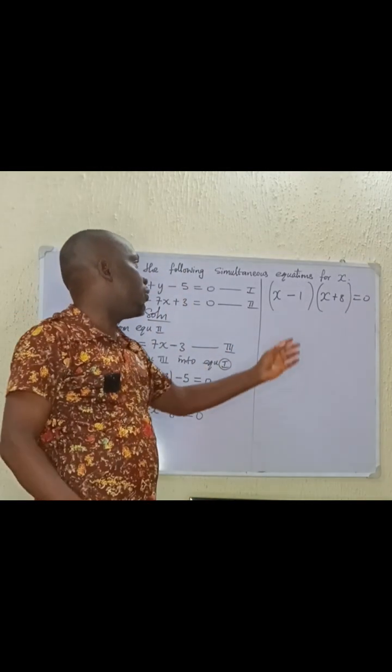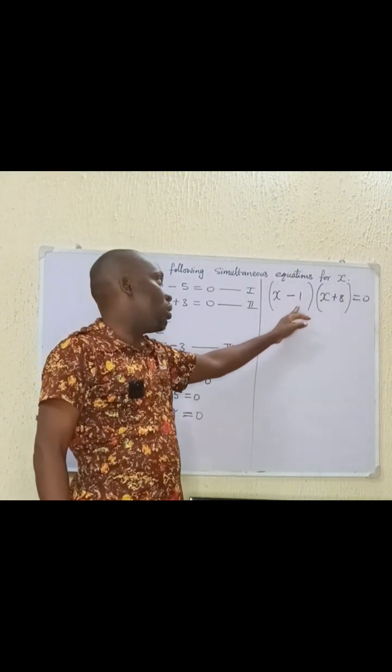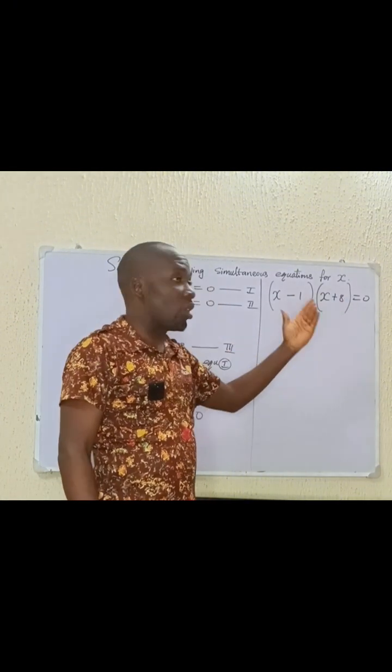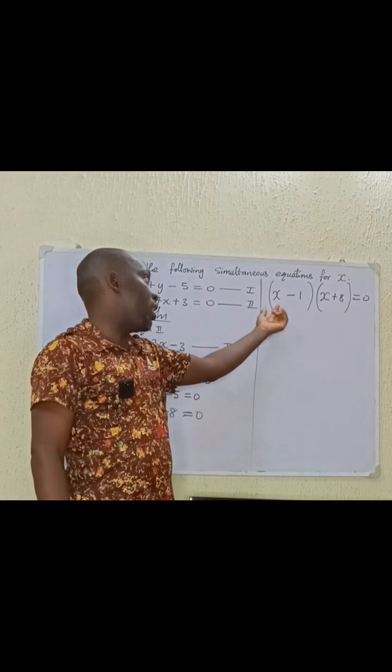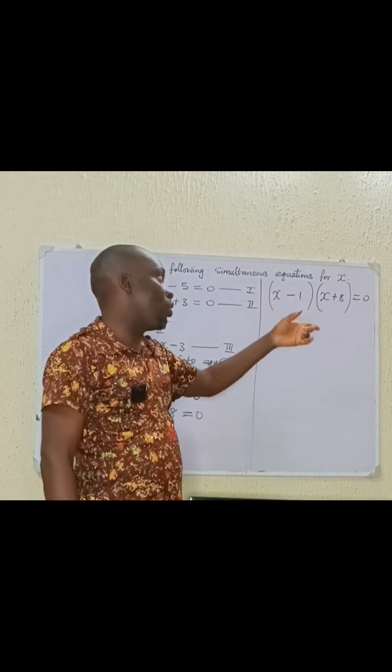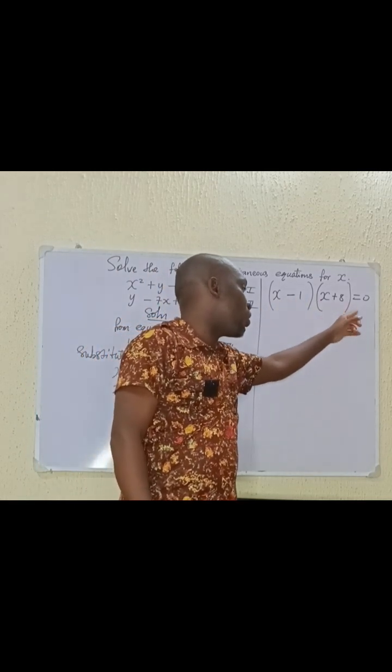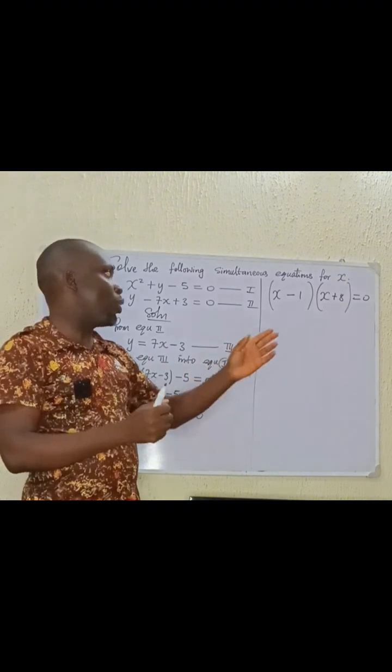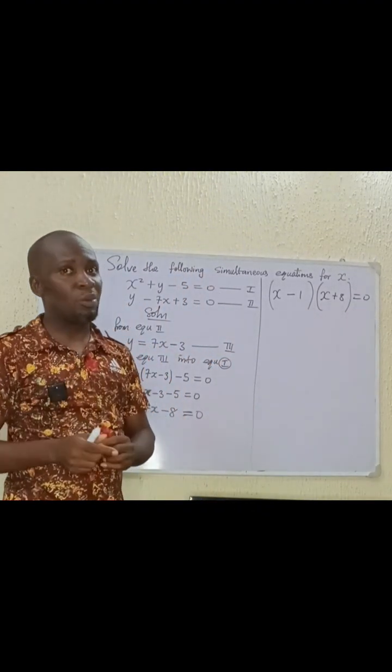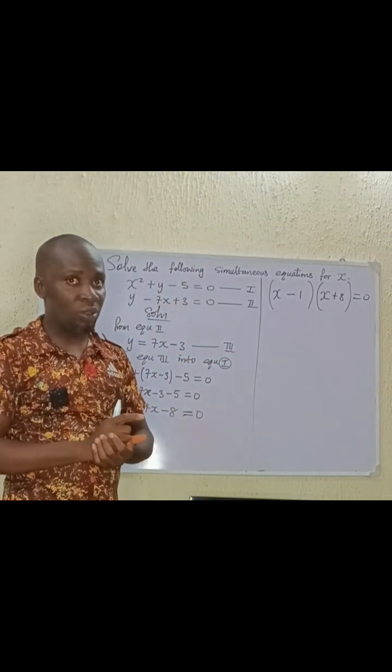Now, if x minus 1 bracket x plus 8 is equal to 0, what it means is that either x minus 1 is 0 or x plus 8 is equal to 0, because for the product of two numbers to be 0, it means that one of them must be 0.